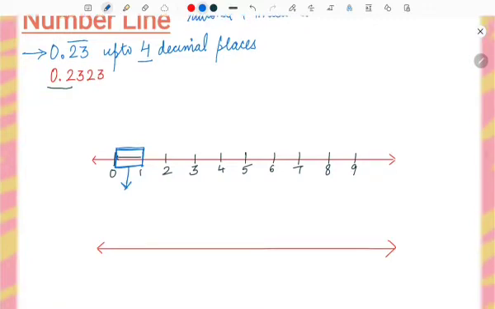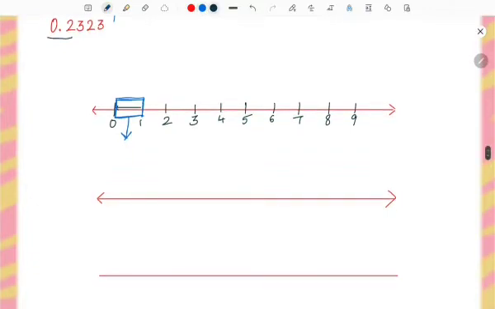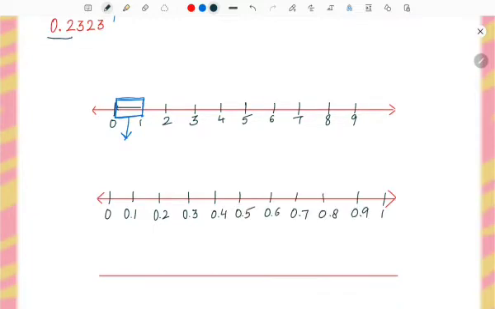In the next number line, what do we do? We start from 0, end at 1, and in between we have 0.1, 0.2, 0.3, 0.4, 0.5 till 0.9, like so. So this would be the zoomed in image, right?